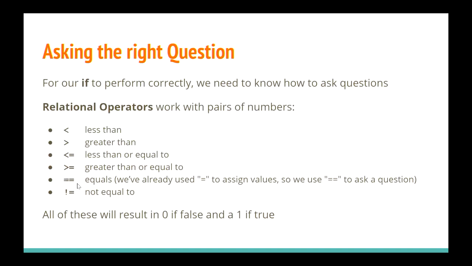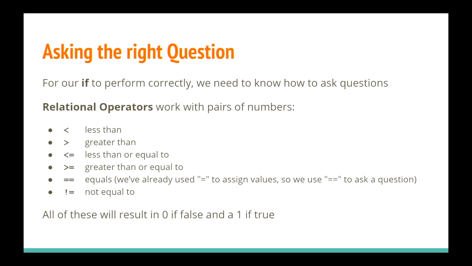We also have equals. Before, I was trying to make it really clear that a single equals is not a mathematical equals in programming. I wish we could go back and change the way C was written so that we never used the single equals to put values into variables, because then we could use the single equals here and the maths would read correctly. But we have to remember that a single equals is an operation where we put a value into a variable.